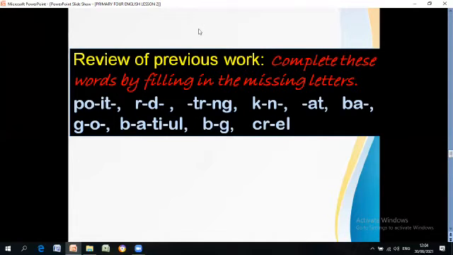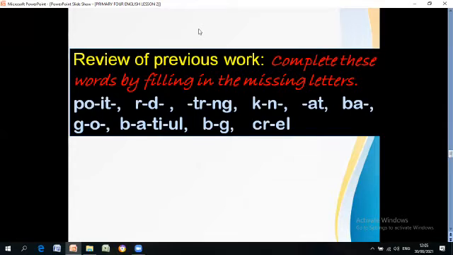And here I've designed this in such a way that it helps you as one of the learners to revise the work we had done earlier on. So there I would request you to fill in the missing letters, such that you come up with the rightful words which we used in the previous lesson to describe objects and people. Hope you will do that.